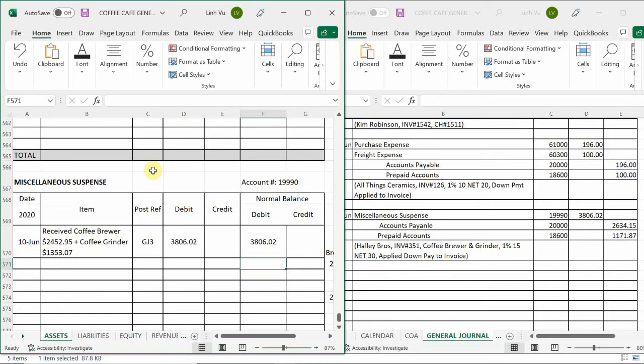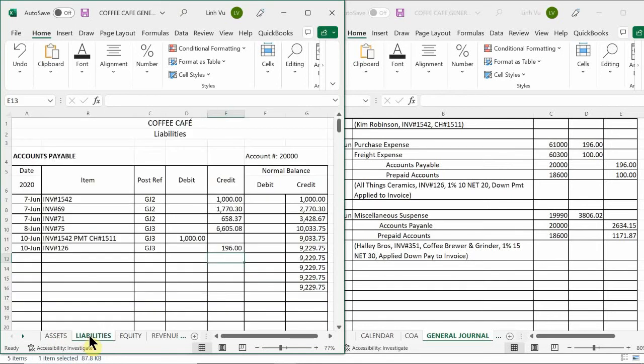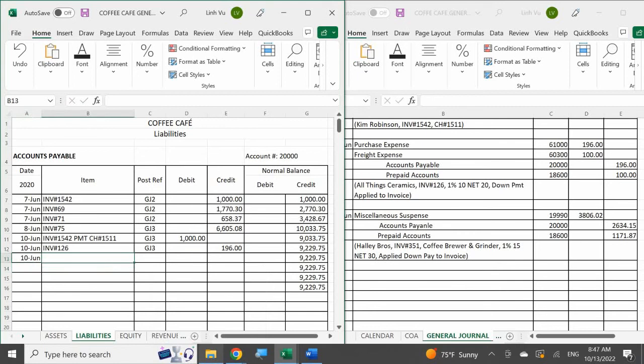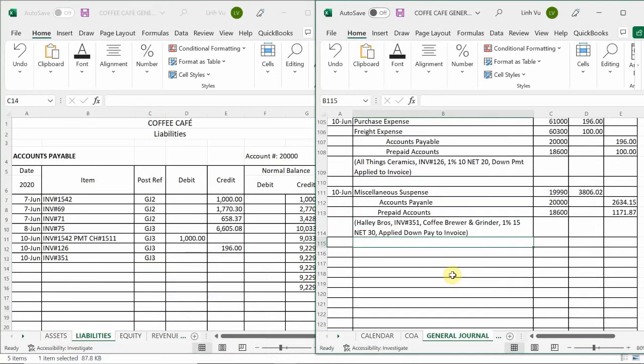Okay. Next one we have here is my accounts payable, so liabilities. Here's my accounts payable. It is the 10th today. We received an invoice, number 351, still on page 3. We're very close to the bottom of page 3.